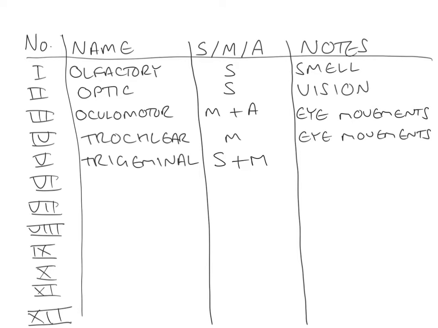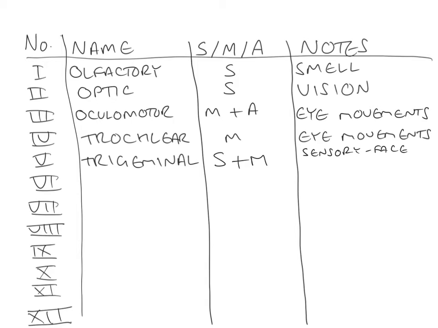So the trigeminal nerve, as we've said, is both sensory and motor, and it's sensory to the face, as well as some of the internal structures of the head, such as the oral mucosa.